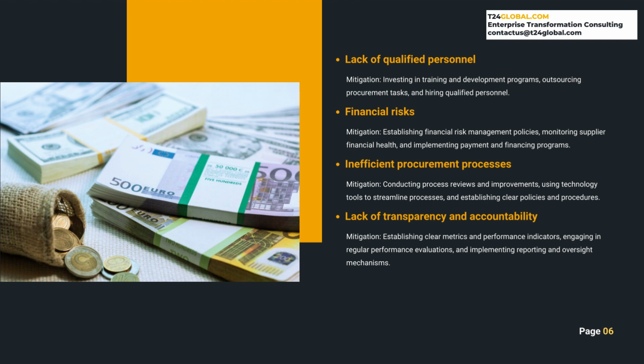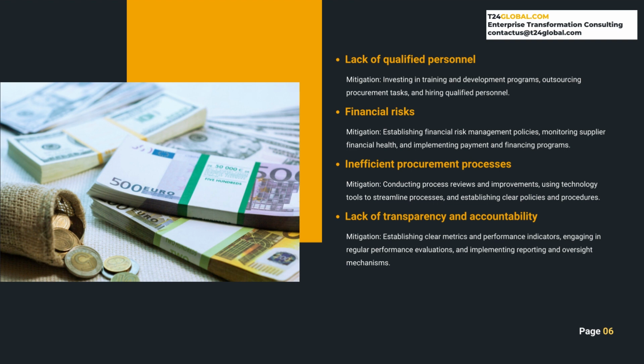The key persona involved in this process would be the financial analyst, who would be responsible for managing financial risks. Companies can use financial risk management software, such as SAP Ariba or Kyriba, to manage financial risks and monitor supplier financial health.